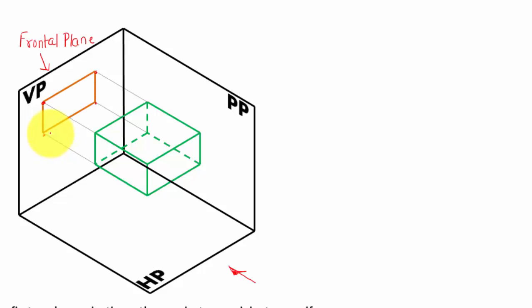Something like this will happen, and you can clearly see that these rays of sight, or projectors, apart from being parallel to one another, are also making a certain angle with this vertical plane. This angle is absolutely 90 degrees, and this in fact is a condition for any projection to be called orthographic in nature.